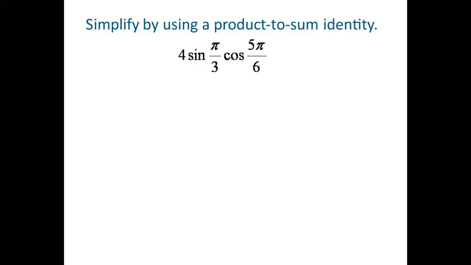So note here, obviously the 4 out in front is just a multiplier. It doesn't have anything to do with the product to sum formulas, but I have a product of sine times cosine, so I'm going to rewrite that in the product to sum formula for that.